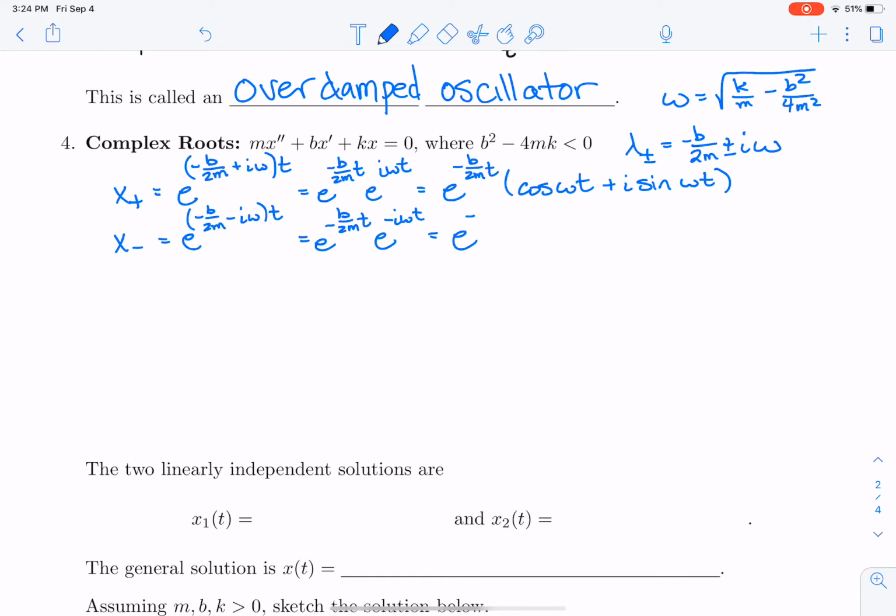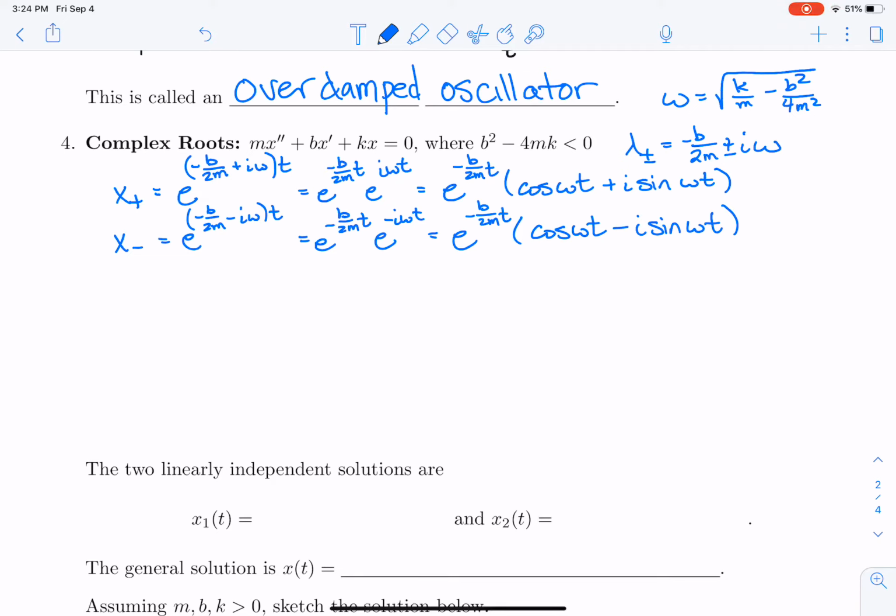That's e to the minus b over 2m t times cosine of omega t minus I sine of omega t. Okay, so now we have two solutions. These solutions are linearly independent. It's not easy to see here, but they are actually linearly independent.